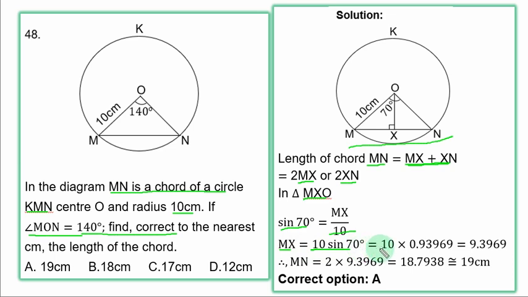That is 10 times 0.9369369. If you multiply, you have 9.3969. So MN is simply multiplying MS by 2, and you have 18.7938. To the nearest centimeter, that is 19 centimeters. A is the correct option.